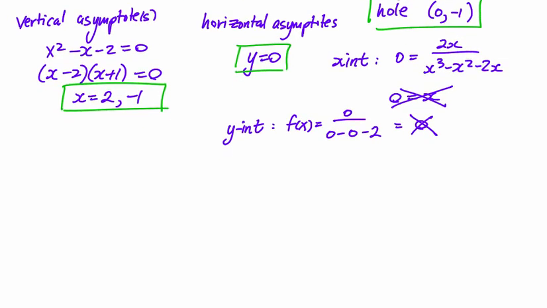Just move this down and add a bit of a sketch here. So I've got this hole which is at 0, minus 1. There's your hole, which turned out to be, there were no x-intercepts, but there's no y-intercepts either, because that's where that hole appeared.